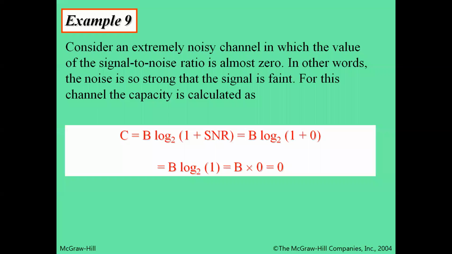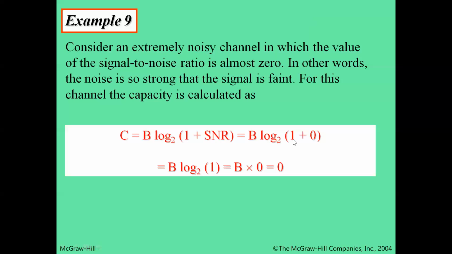So the signal power is on top and the noise power is at the bottom. When the noise power becomes much larger than the signal power, the value becomes so much smaller that it almost comes towards 0. So if the value of SNR becomes 0, that means it is 1 plus 0.